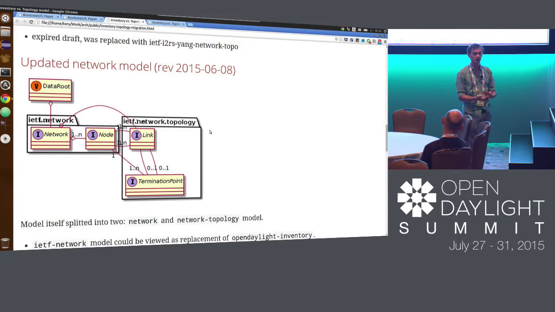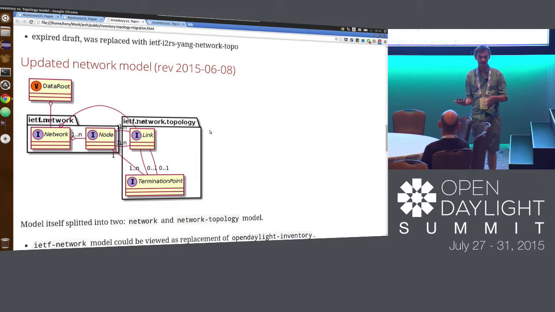Or you could go to OpenFlow. OpenFlow models ports. Ports have their properties. But looking at just one OpenFlow node, I know the configuration, I know what bandwidth is available on that port, but I cannot determine what bandwidth is available on the link. So bandwidth is not even part of the OpenFlow model.